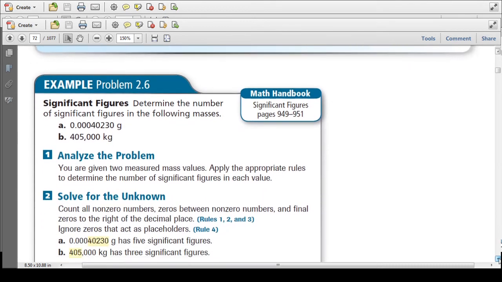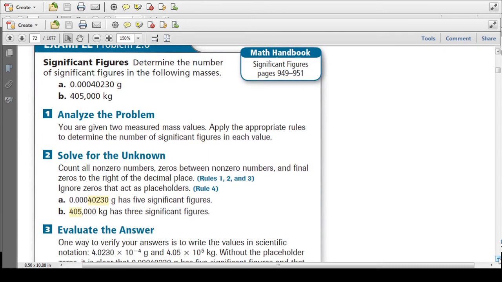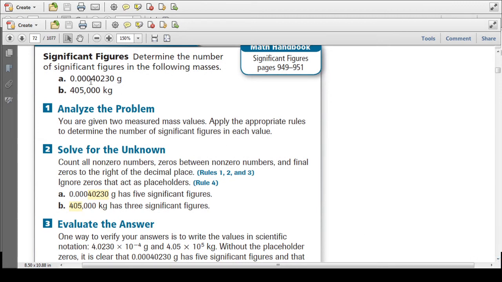All right, determine the number of significant figures in the following masses. We have two numbers here. You are given two measured mass values. Apply the appropriate rules to determine the number of significant figures in each value. Remember that the rule says any placeholder zeros are non-significant.